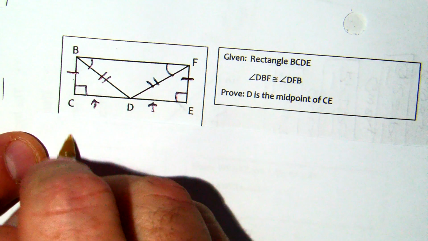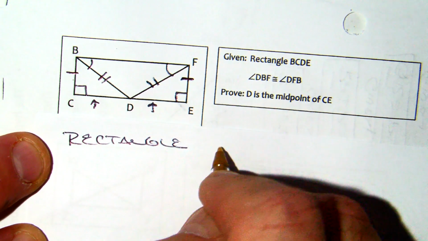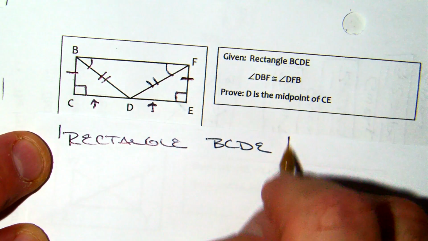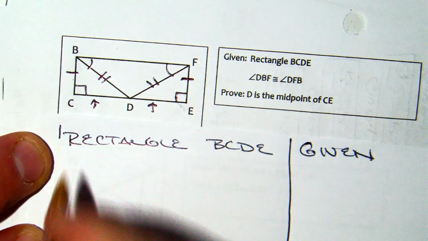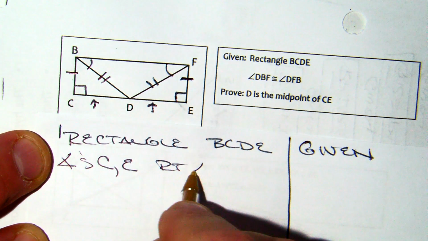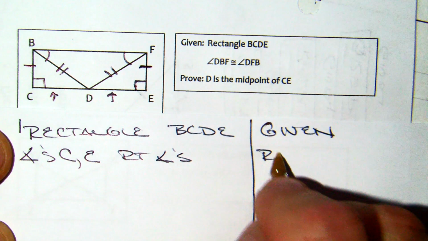So, rectangle BCDE, because it is given. Angles C and E are right angles. Rectangle definition.